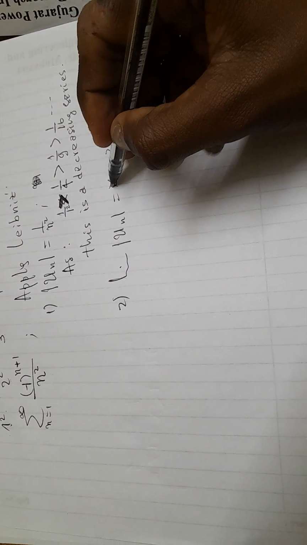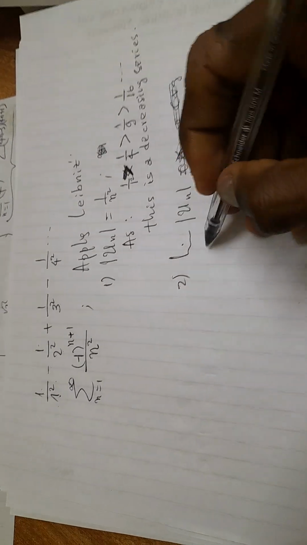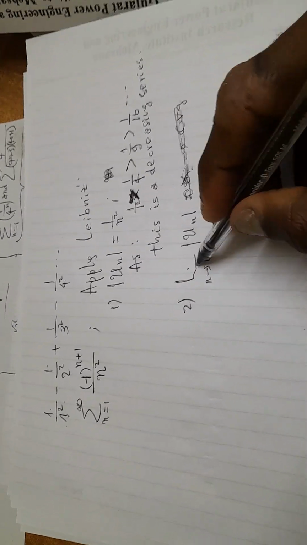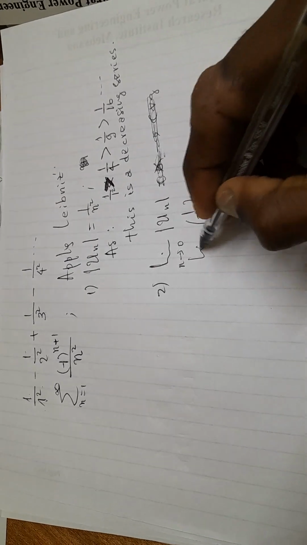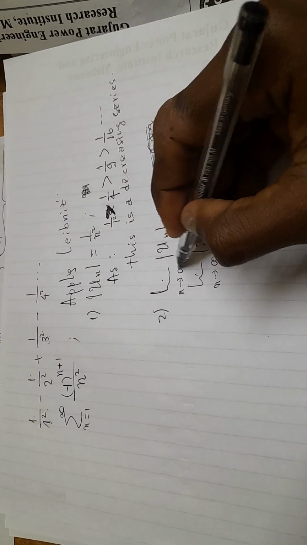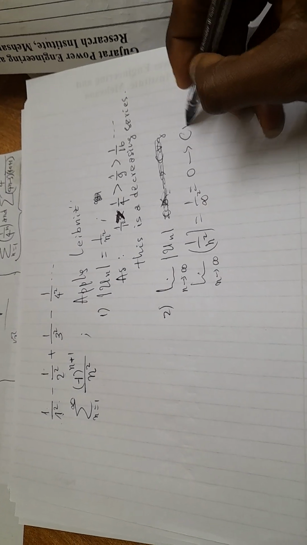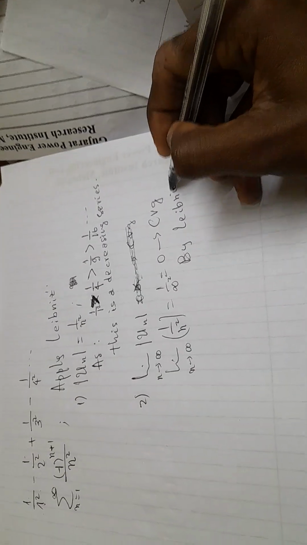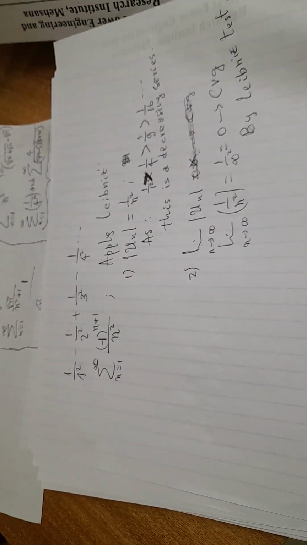When I put all this expression, limit of 1 upon n square when n goes to infinite will be 1 upon infinite square. This will be 0. So it means that this is convergent by Leibniz test. And it's done just like this.